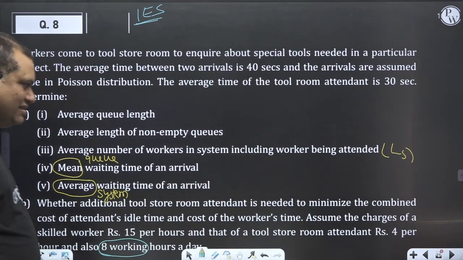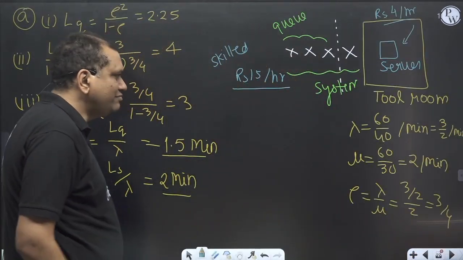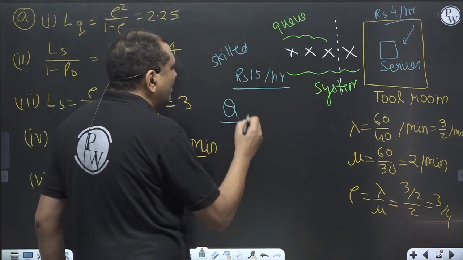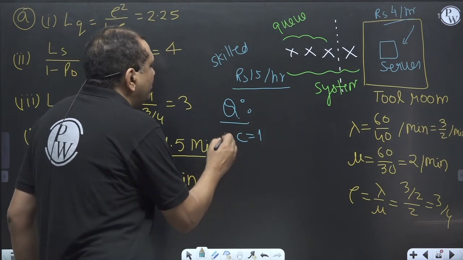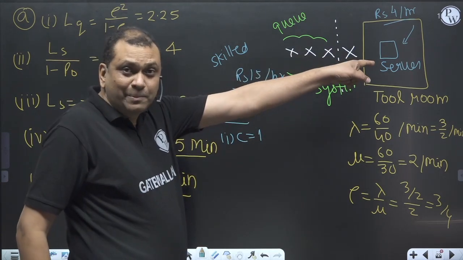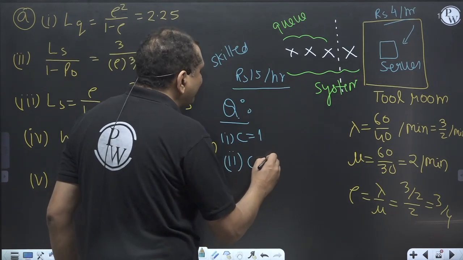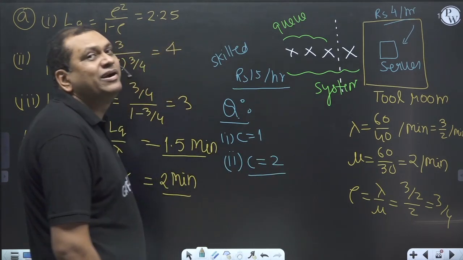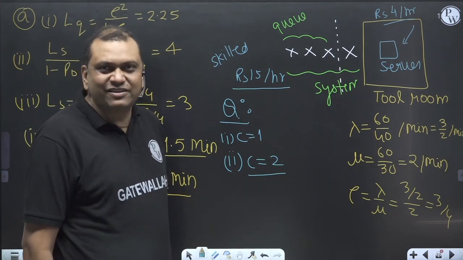So now what is the question asking? Shall I have a single server, or shall I go for 2 servers or multiple servers? You have to suggest whether I go for a single server or multiple servers.